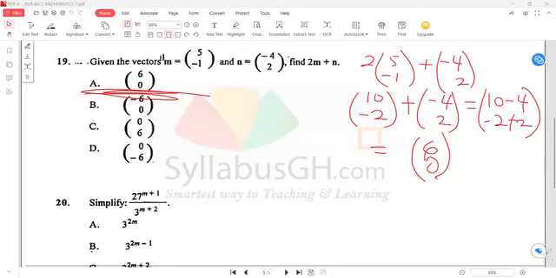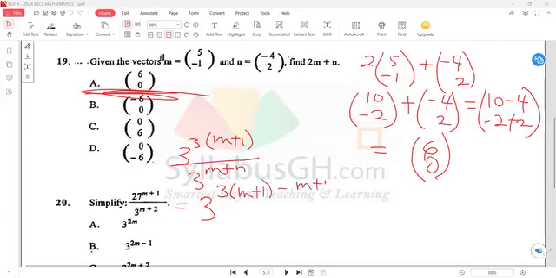So 3 exponent 3, and we have m plus 1, all over 3 exponent m plus 2. And don't forget, once you are dividing, we subtract the exponents, keeping one of the bases. We subtract the exponent m plus 2.